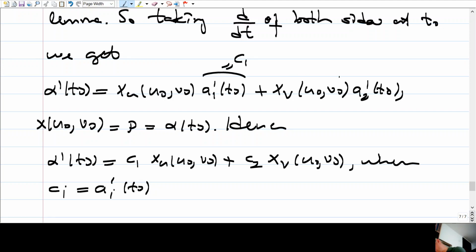These are just some real numbers, c1 and c2. So I obtained this expression. In particular, this tangent vector is a linear combination of these two vectors. We also see that x sub u and x sub v evaluated at (u0, v0) are also tangent vectors. So this finishes the proof.